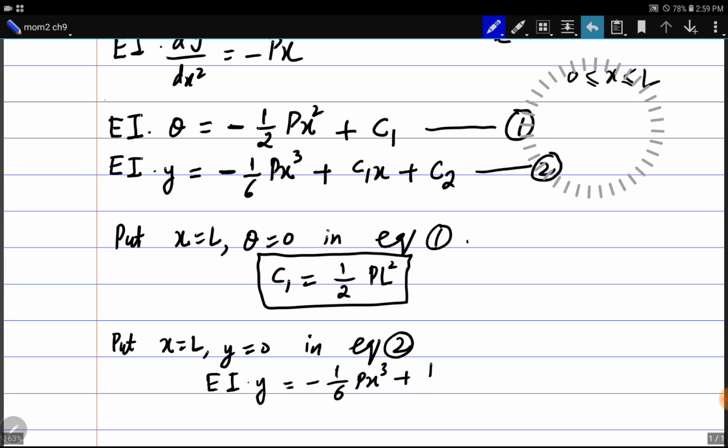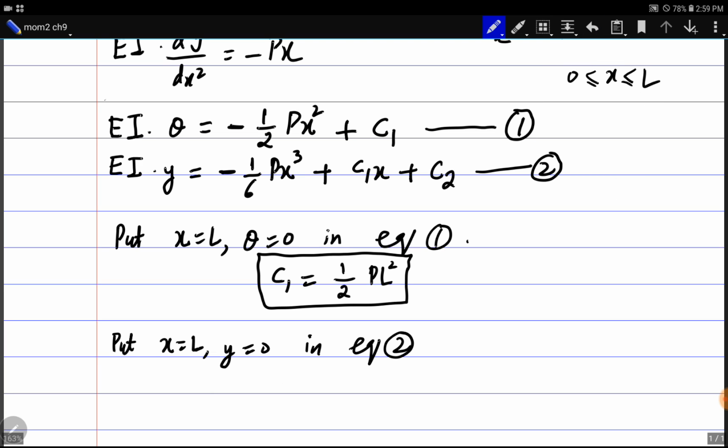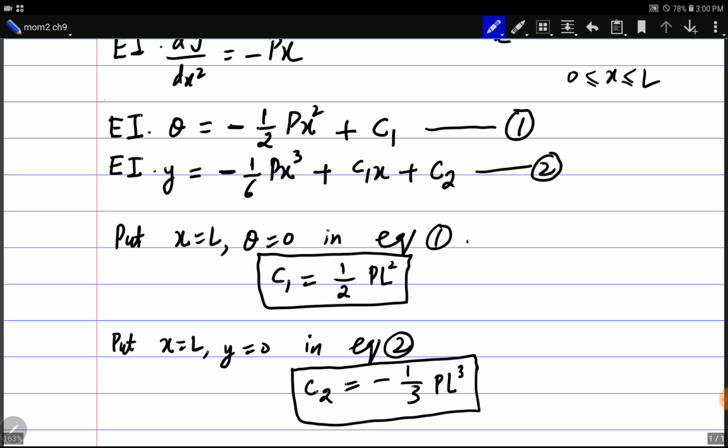By putting x equal to L and y equal to 0 in equation number 2, first we have to find C2, which should be minus 1 over 3 PL cube. You can do these calculations by yourself by simplifying equation number 2.